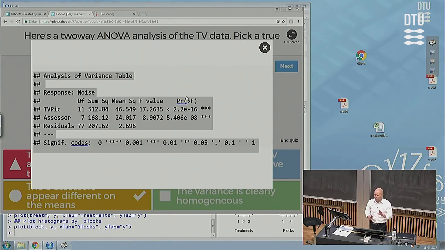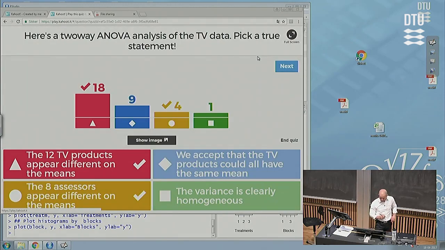So then we just have to remember what that means, having small p-values. And of course it can be challenging enough. But it means exactly as most of you answered, that on both the means are different, right? We reject the hypothesis of equal means by seeing that we have very small p-values. So the means are proved to be different. We don't know anything about homogeneity of variance.